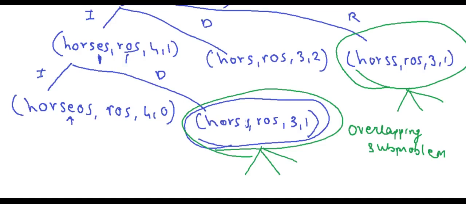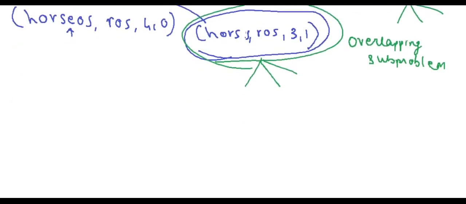So what can we do to optimize this solution? One thing we can do is dynamic programming. Whenever you have overlapping subproblems, you need to go for a dynamic programming approach. Dynamic programming is a bottom-up approach; recursion was top-down.